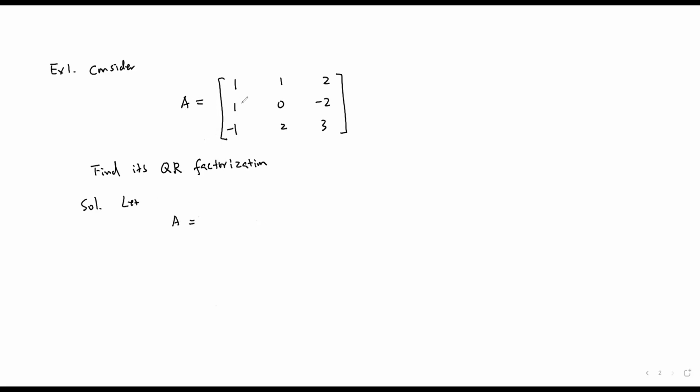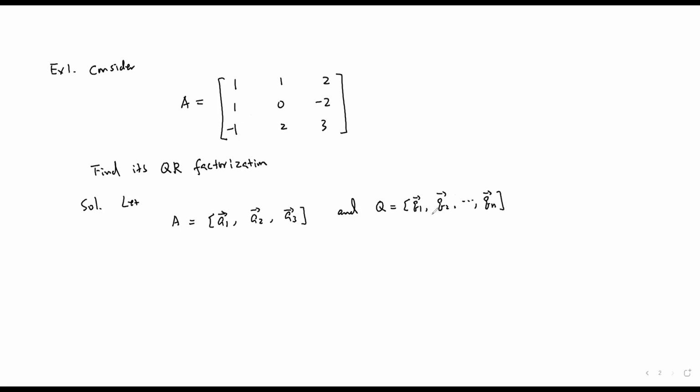Let me split the matrix A into columns. The first column is denoted by A1, the second column A2, the third column A3. And I also cut Q into columns, Q1, Q2, and Qn.